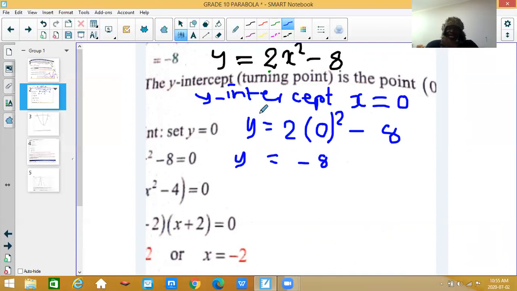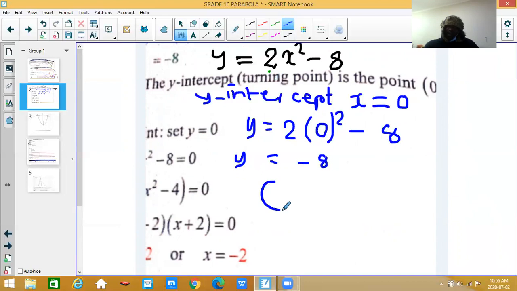Now, one learner asked, is it necessary for me to do this if I can immediately see that it's minus 8? No, it's not. As you notice, this will disappear and you remain with negative 8.